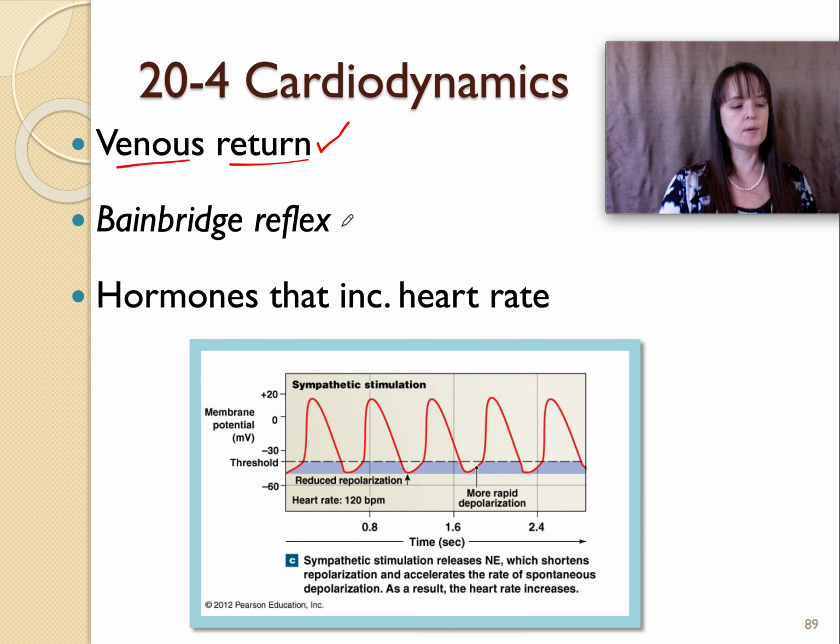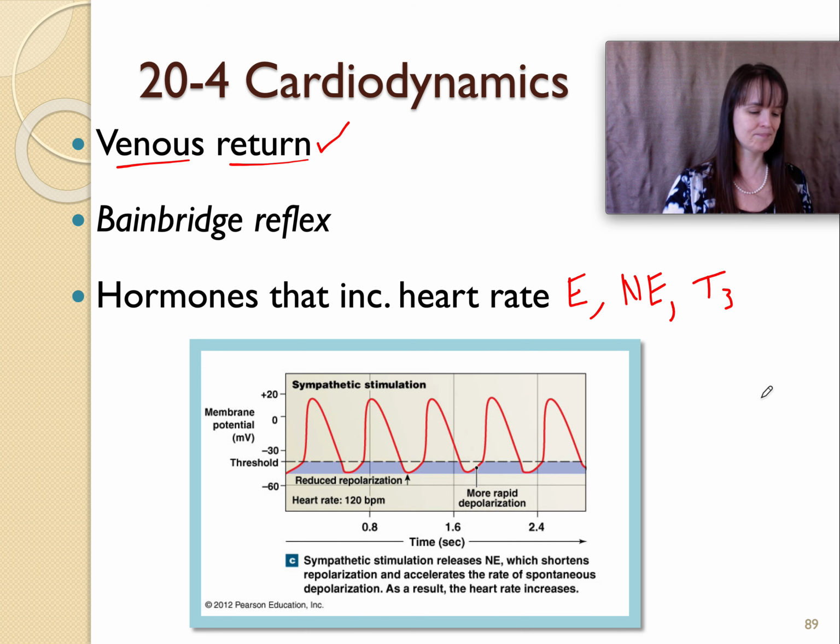When you increase the venous return, it increases heart rate. There are stretch receptors in the right atrium, and this does increase the sympathetic. Hormones that increase heart rate are epinephrine, norepinephrine, and T3, which makes sense.